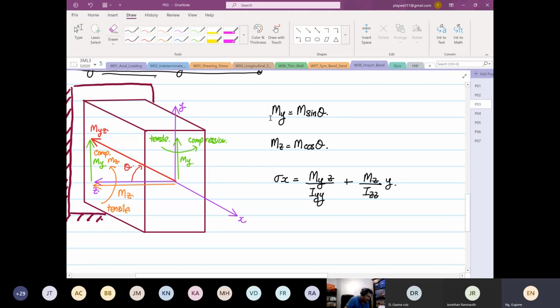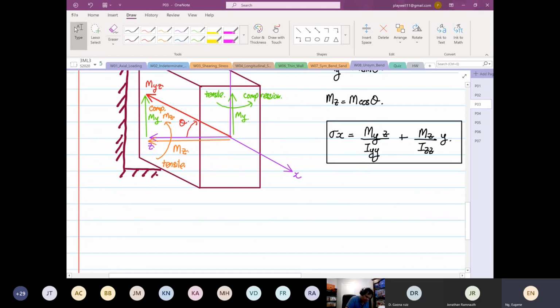So this is the formula that we will use for unsymmetrical loading. Okay, so this is the formula that we'll use for unsymmetrical centric loading. Okay, so now I'm going to show you why unsymmetrical.